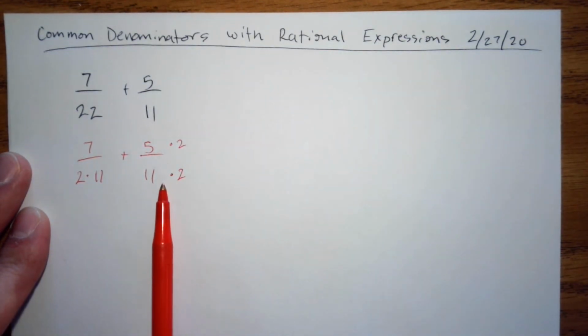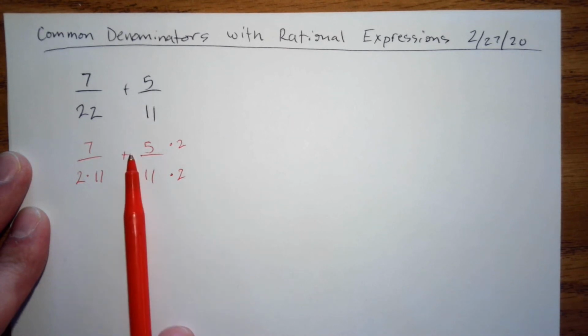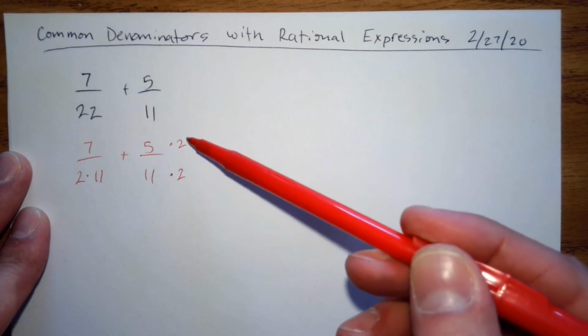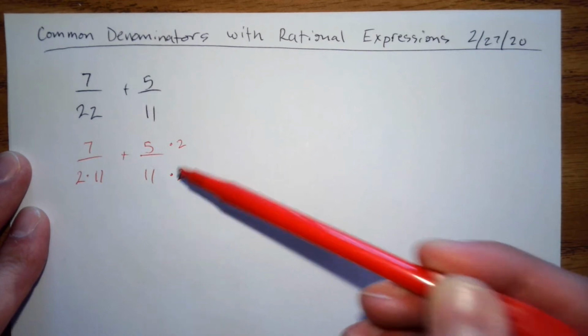This is like backwards reducing. We're unreducing this, so it's still the same number. Technically, we're multiplying by 1 if we do it in the numerator and the denominator. 2 over 2 is just 1, so we're not really changing anything, we're just unreducing.